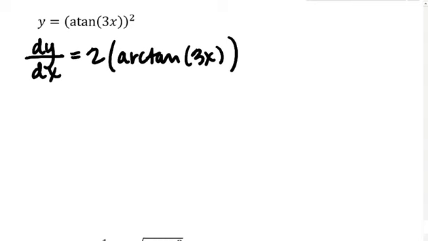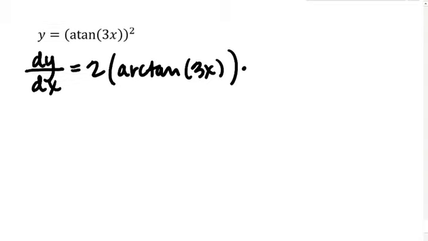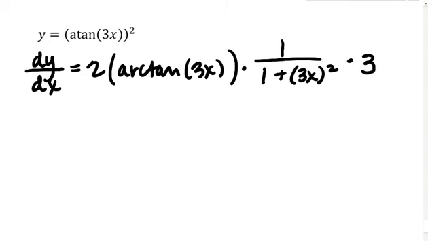Now we're going to take the derivative of arc tangent of 3x. The derivative of arc tangent u is 1 over 1 plus u squared, so it's going to be 1 plus 3x squared. And then we're going to multiply by the derivative of 3x, which is going to be 3.